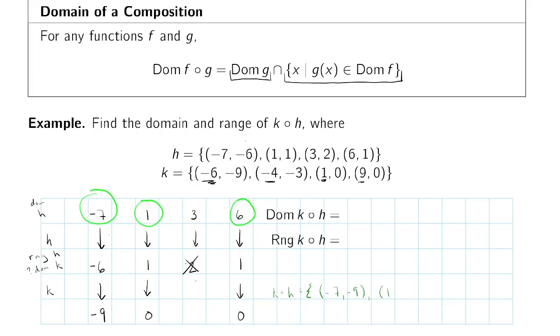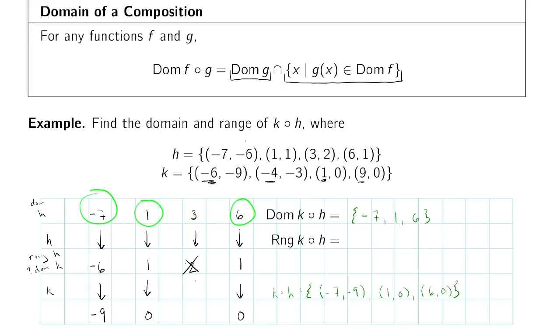It takes 1 to 0, and it takes 6 to 0. Its domain consists of all those numbers that we were able to do the whole composition to. So its domain consists of -7, 1, and 6.